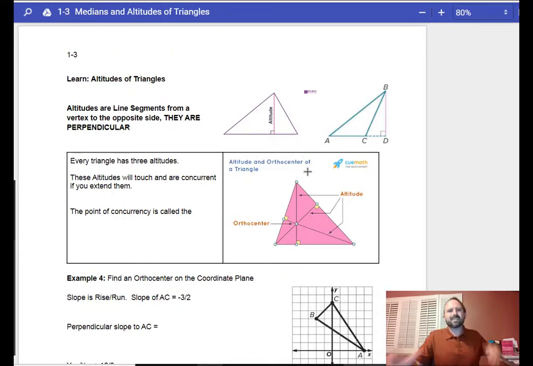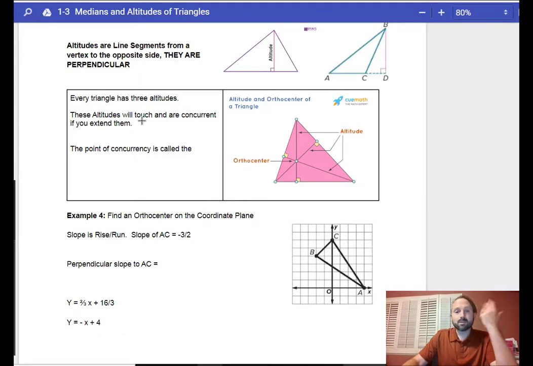So this one is kind of a little hokey. Altitudes of triangles. Altitudes are line segments from the vertex to the opposite side, and they're going to be perpendicular, so you know they're going to have a 90-degree angle. Here's the most important part: every triangle has 3 altitudes, and these altitudes will touch, and they'll have a concurrent point if you extend them.